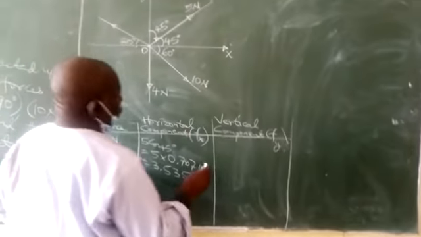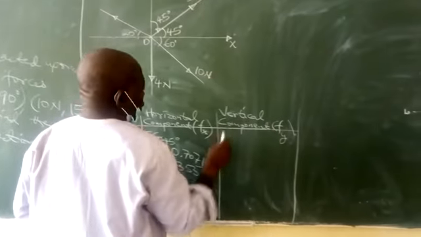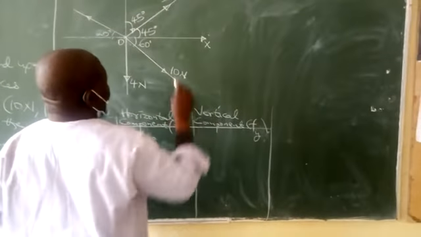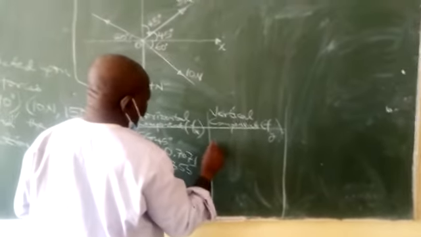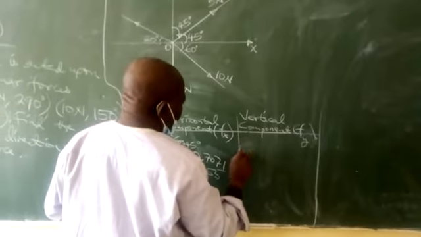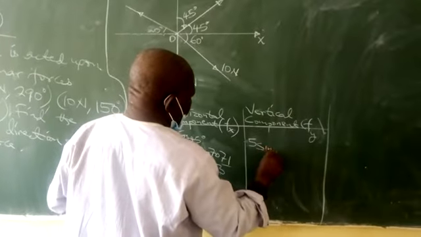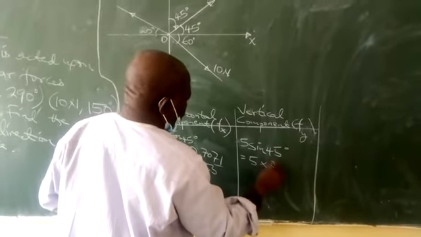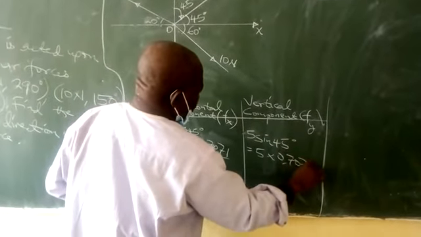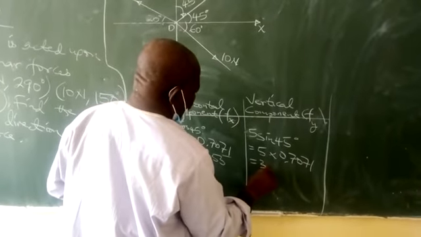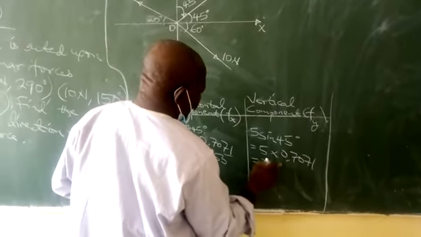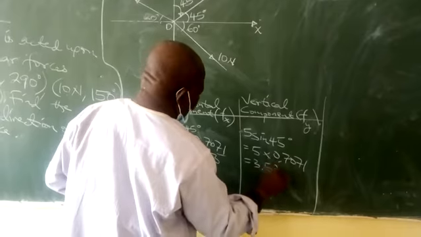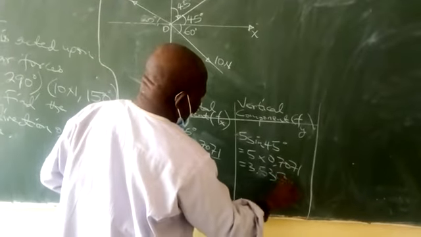Then the vertical component is 5 sin 45 degrees, which is also 5 times 0.7071, that is 3.5355.